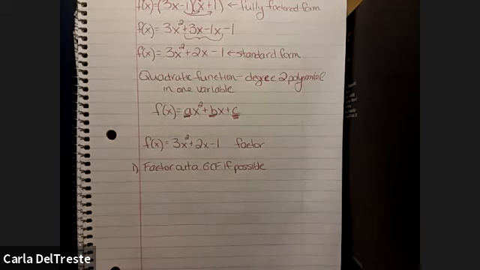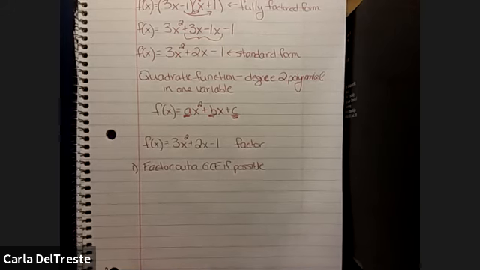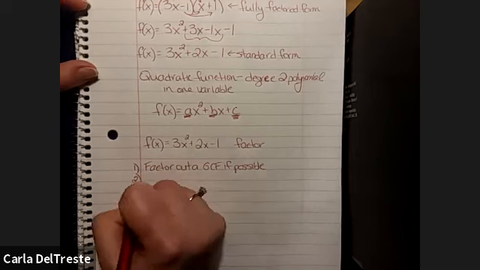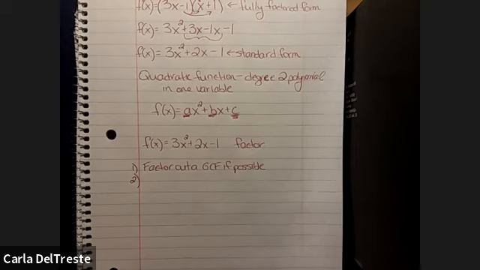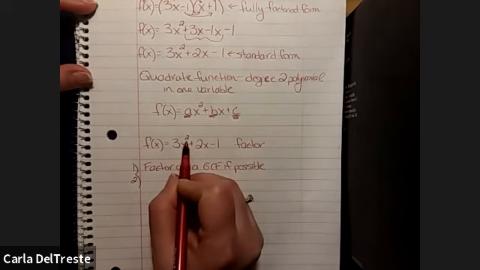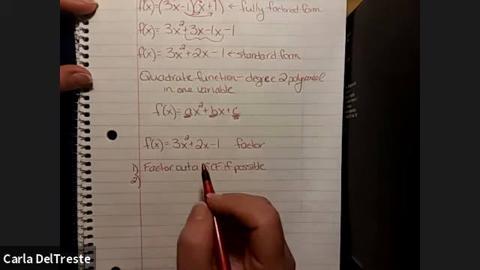Those terms have nothing in common, so I can skip step number 1. Step number 2, okay, first of all, is make sure you're dealing with a quadratic, because if you're not dealing with a quadratic, the rest of these steps don't mean anything. You can't do them. So again, this only works for quadratic functions. As long as you have a high power of 2, okay, you're going to continue.